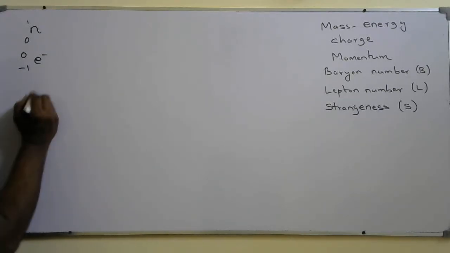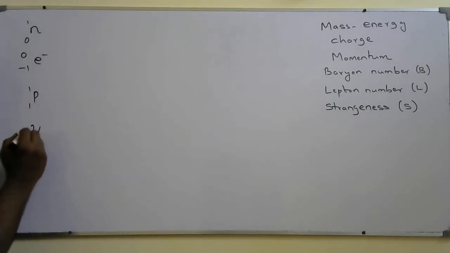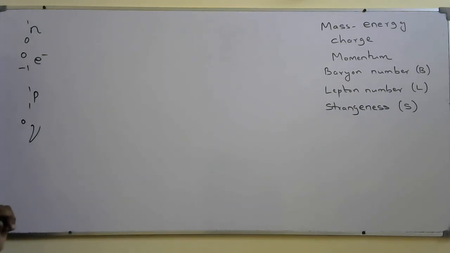In the same way, for the proton, p with 1 and 1: one stands for baryon number, one stands for charge. The neutrino has baryon number 0 because it is a lepton, and it's a neutral particle, so its charge is also 0. Remember the notation.